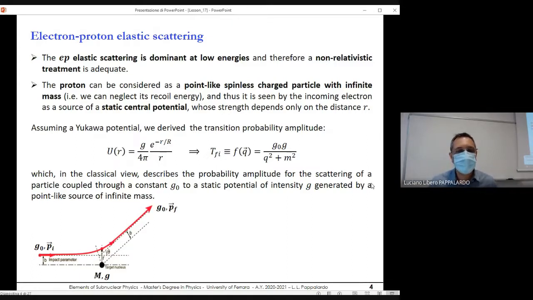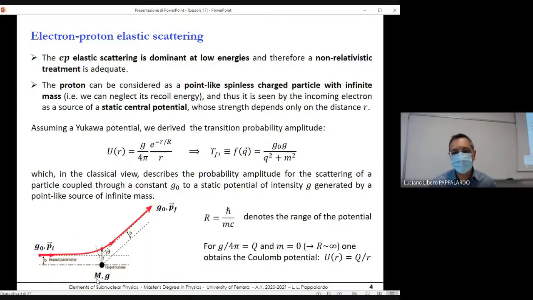If you remember, by using the Yukawa potential in plane wave approximation and first order perturbation theory, we derived the transition probability amplitude, T_FI, which is a function essentially of the transferred momentum, and we obtain this kind of expression, which, in the classical picture, describes the probability amplitude for scattering of a point-like particle, so our electron, which is coupled through a coupling constant G0 to a static potential of intensity G generated by a point-like source of infinite mass. This is the very basic lowest energy thing that one can think.